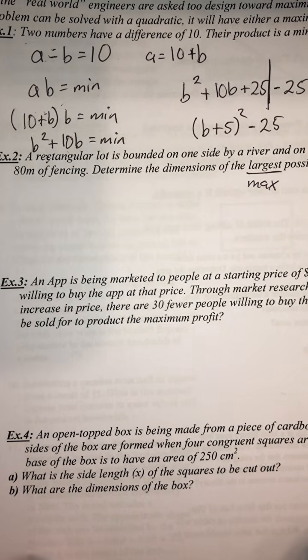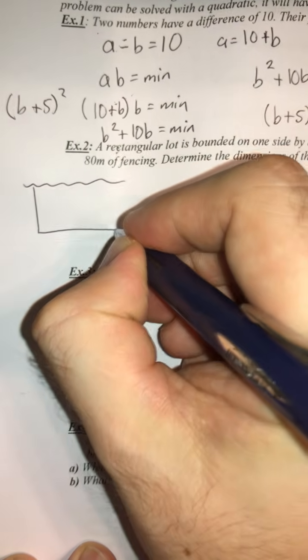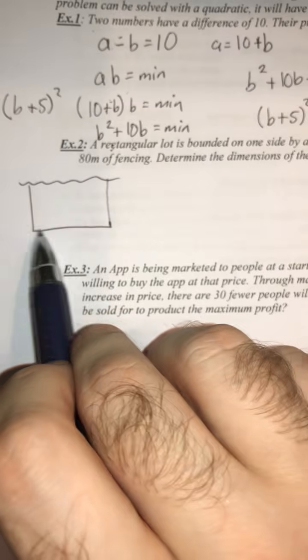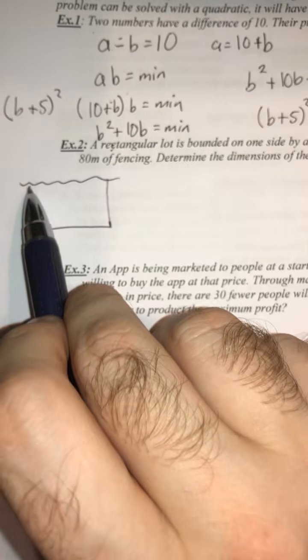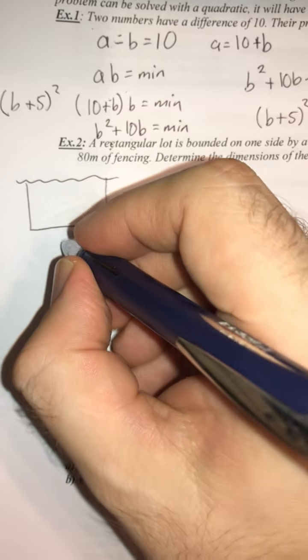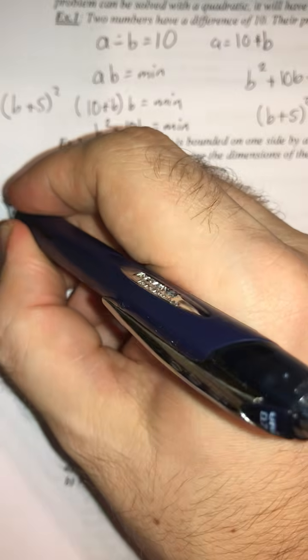So let's draw this out so that you can understand what this looks like. Here's my river, and we're told that I've got some lot on here, with the river on this side, and this amount of fencing is 80 meters. Let's call this length, and these two sides widths.